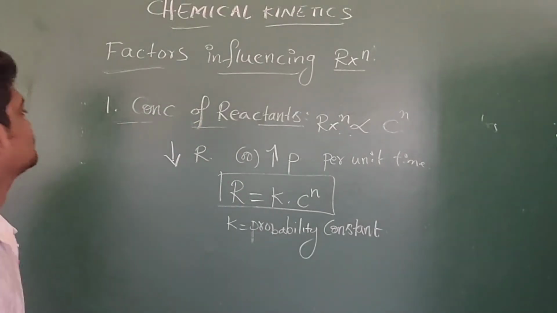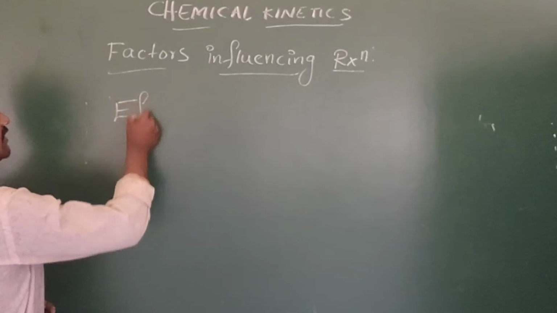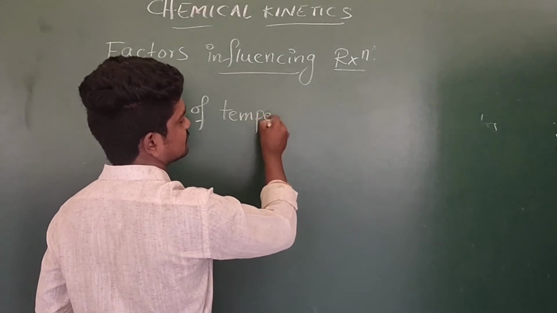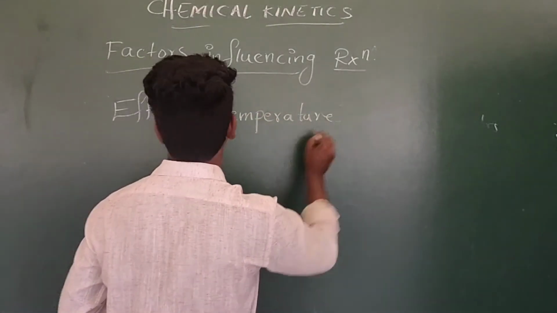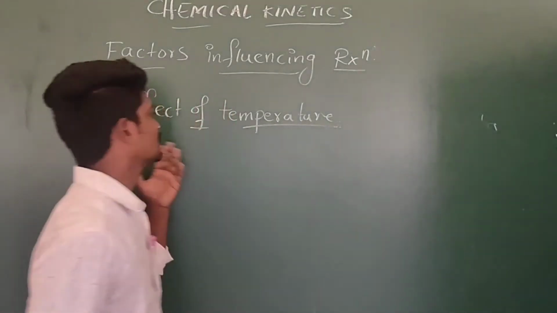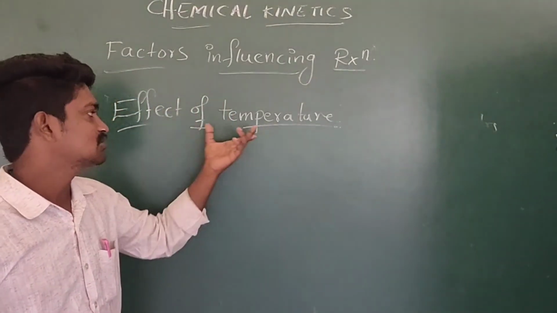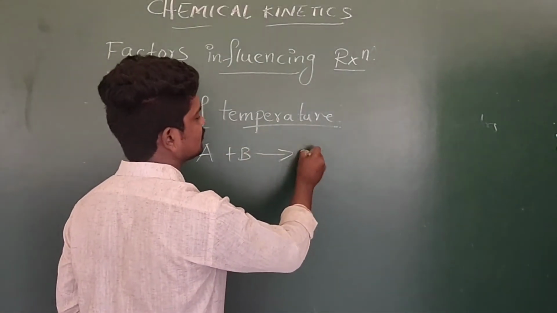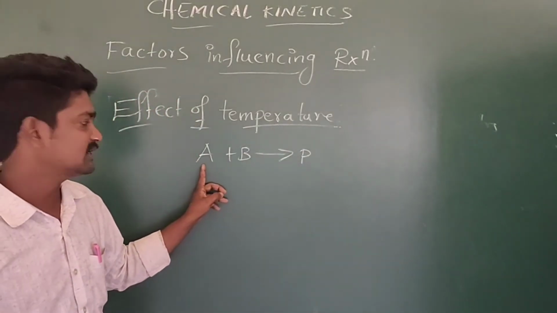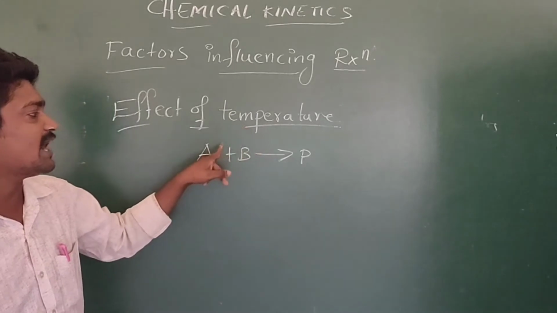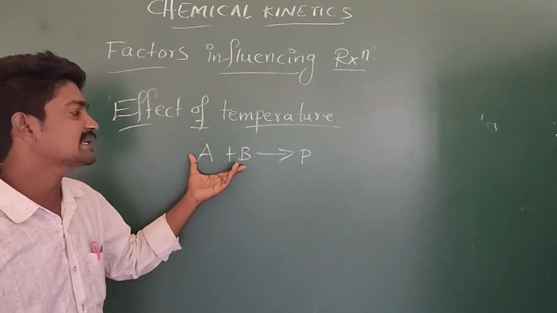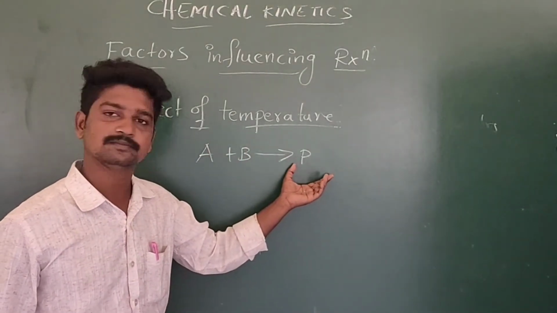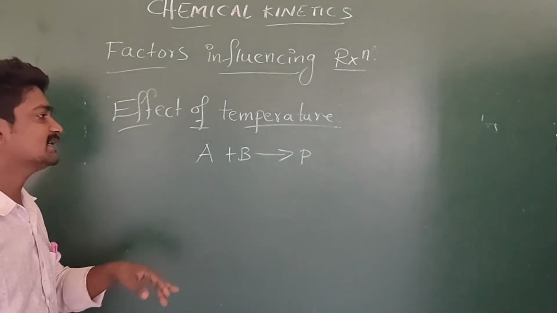Another one, effect of temperature. When A plus B gives products, there is a reaction between A and B. If temperature acts on the reactant side, there will be an increase in the rate of reaction, hence the product will form.